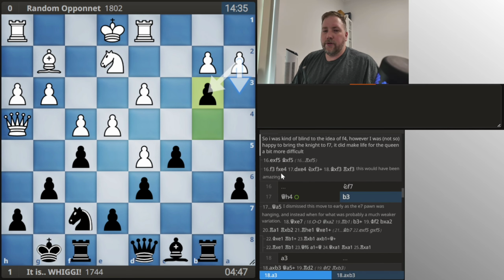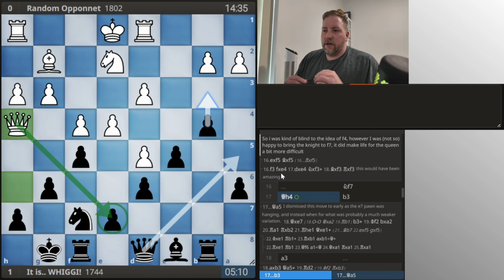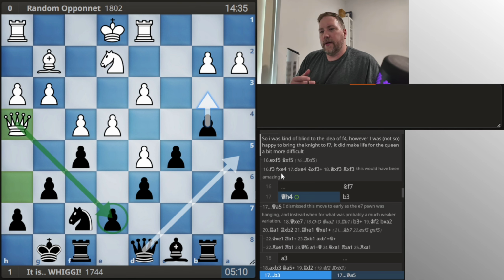Here was another critical point for me, and the critical point is I could have looked at queen to a5, but I was worried about queen takes e7, and I failed to calculate that then I could have played b3, put the king in check, and then I would have an easy path to getting my pawn to a2.